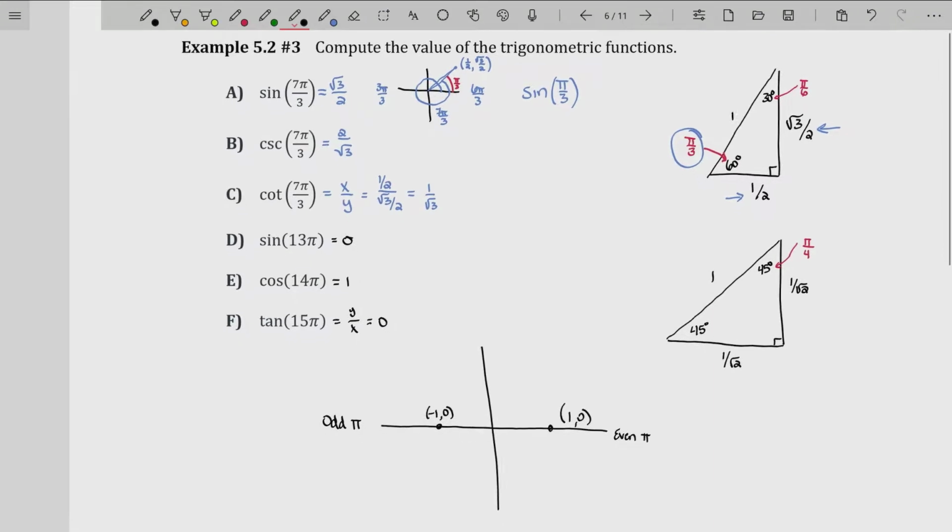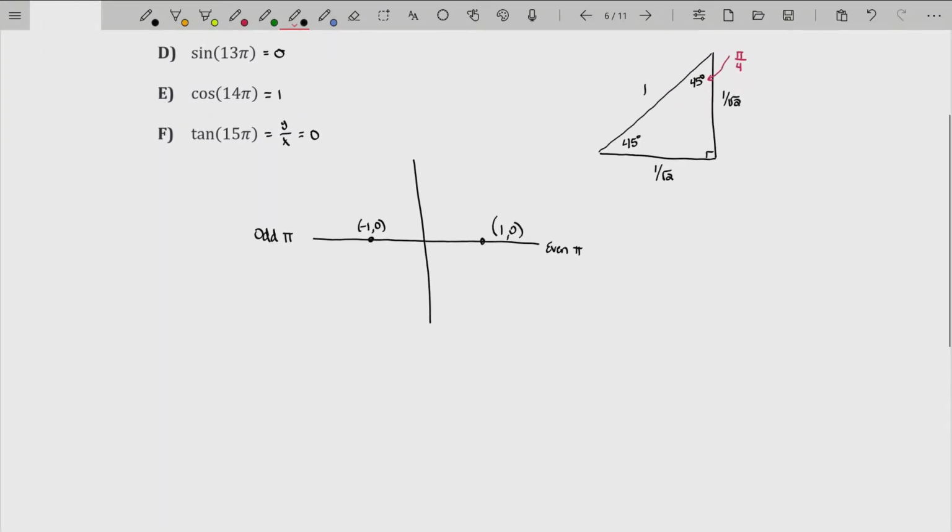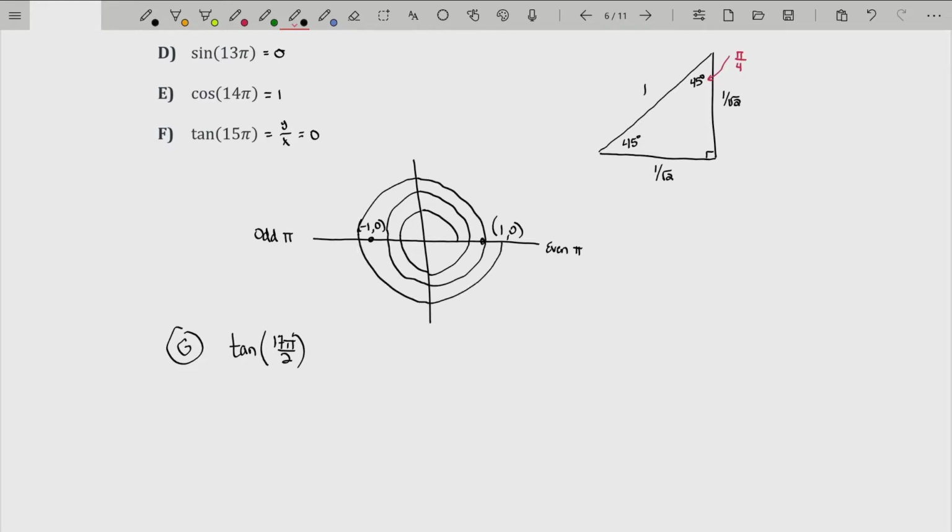Obviously, there are some values you can't work with. So if I asked what's tangent of, let's say, 17 pi over 2. Okay. Well, 1 pi over 2 is right there. 2 pi over 2. 3 pi over 2. 4, 5, 6, 7, 8, 9, 10, 11, 12, 13, 14, 15, 16, and 17.